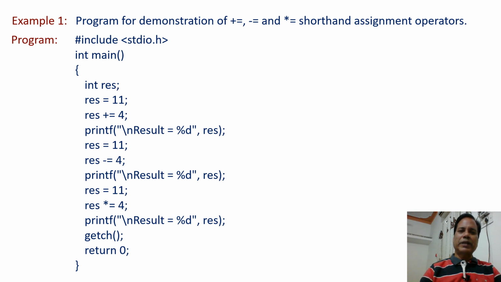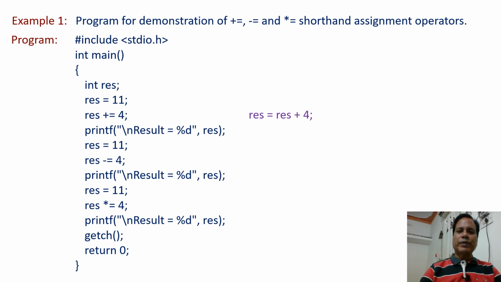The next statement written is res += 4. Here plus equal is the shorthand assignment operator, so it is the same as res = res + 4. We already assigned the initial value as 11. So 11 plus 4 becomes 15, and 15 is assigned to the left side variable res. The value of res is now 15.